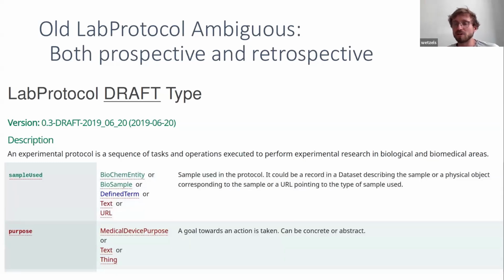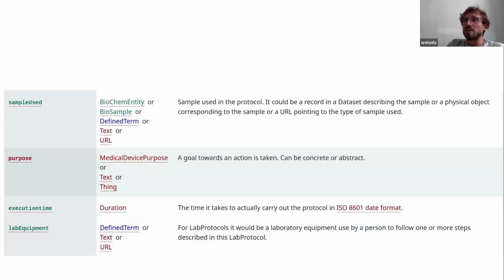Also the properties assigned to it were not very clear. For example, you had a purpose and lab equipment, which are very generic and can be assigned to a protocol in the prospective sense. But then you also have a specific sample used or an execution time, which is a property of the actual execution of this protocol.